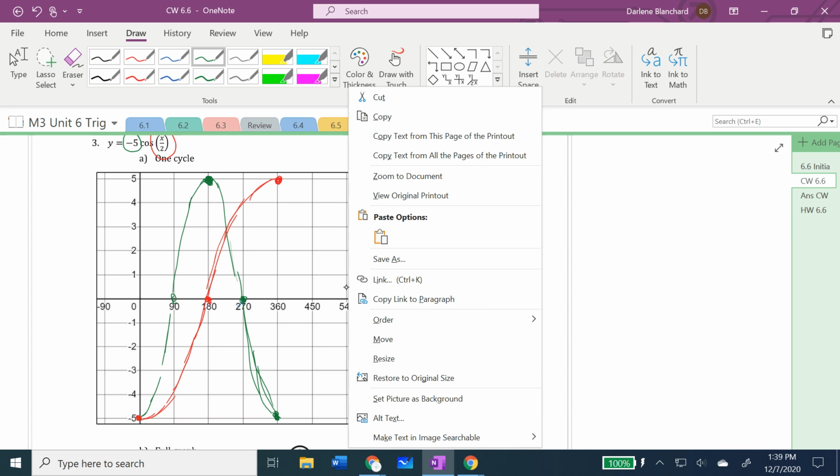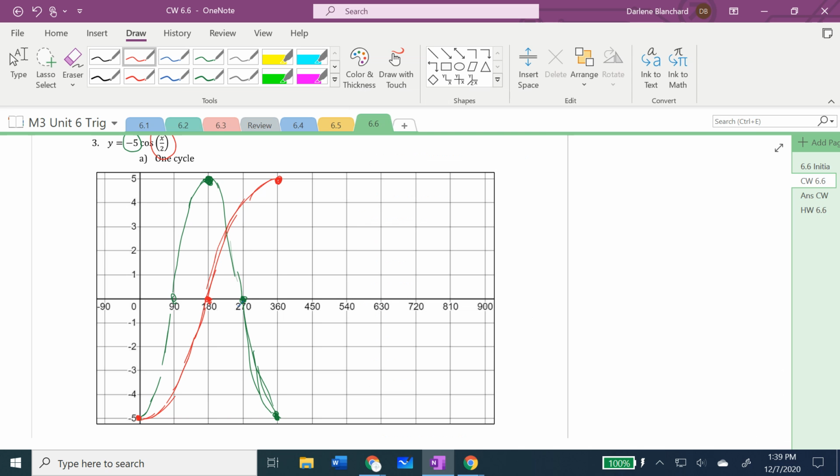Boom. 270 times 2 gives you 540. And then lastly, this point is 360 for its x-coordinate. 360 times 2 is 720. And I have my final graph.